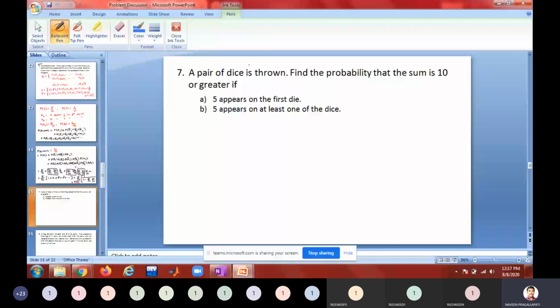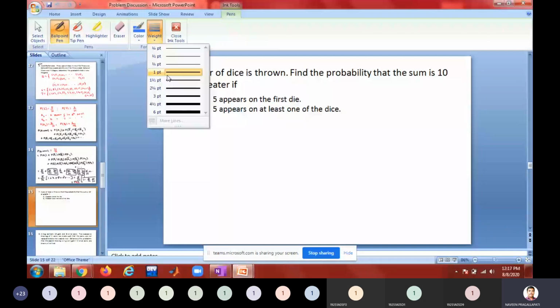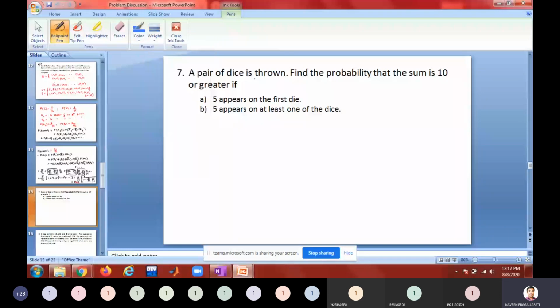Okay. So I'm reading the problem again. A pair of dice is thrown. Find the probability that the sum is 10 or more if 5 is appearing in the first die. Okay. So I know that 5 is appearing in that first die. So event E1 is 5 appeared on first die.